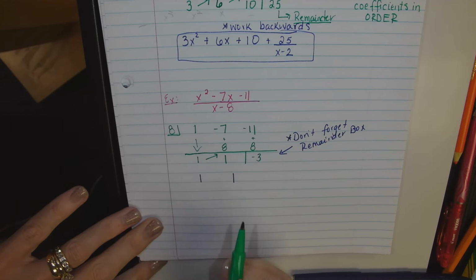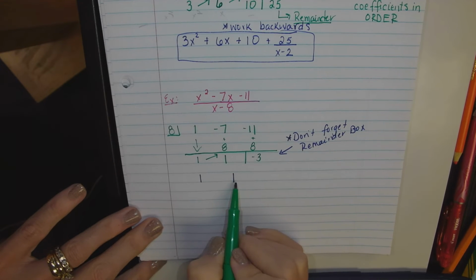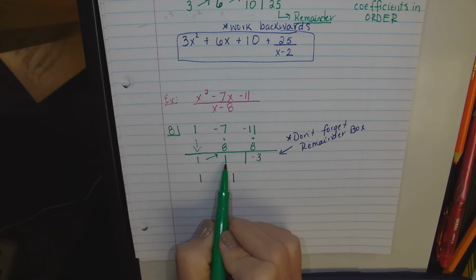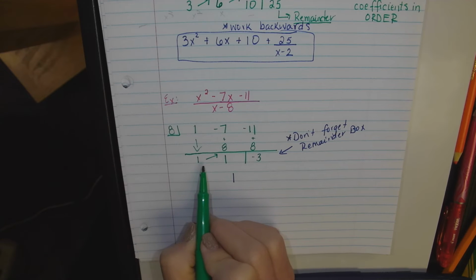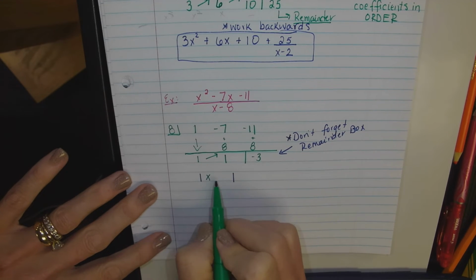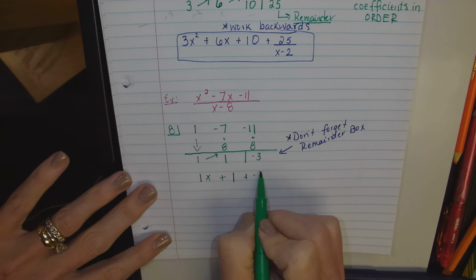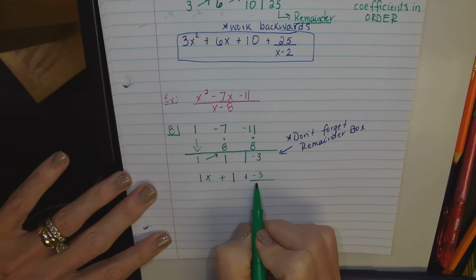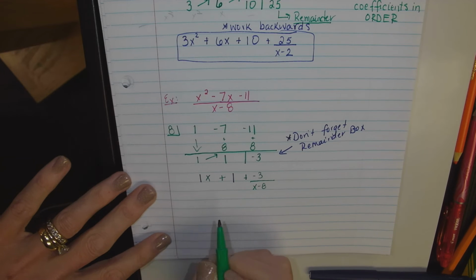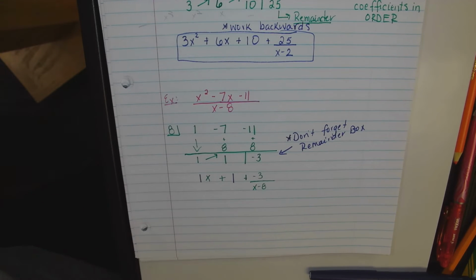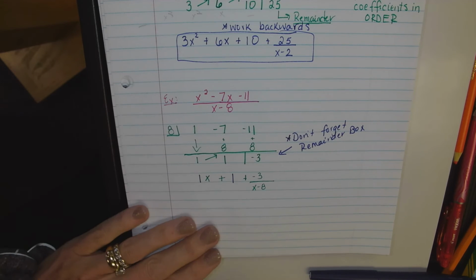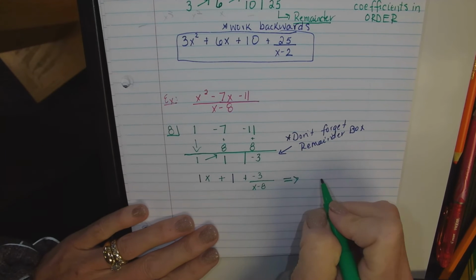You're going to work backwards. So here is just our coefficient. What's next? Just a simple 1x plus -3 over x minus 8. I'm going to rewrite that.